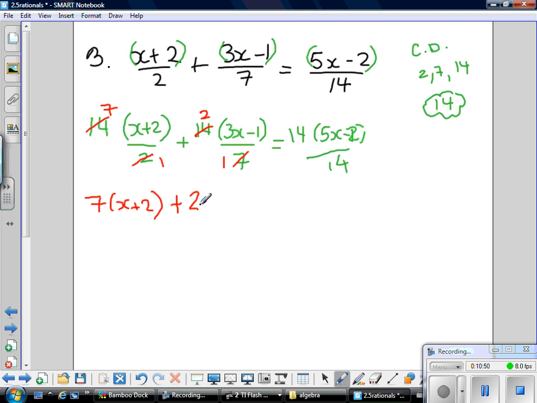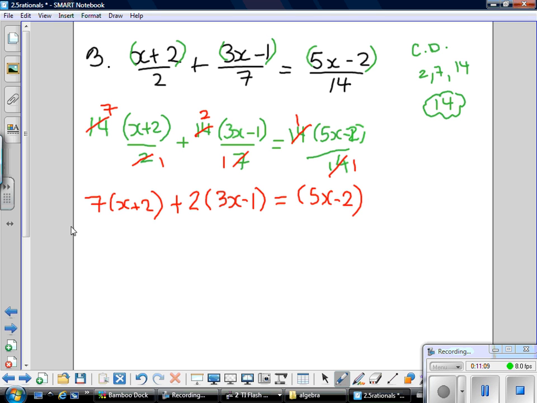So I'm left with 2 bracket 3x minus 1 equals 14 goes into itself once, 14 goes into 14 once, so I'm left with a 5x minus 2.